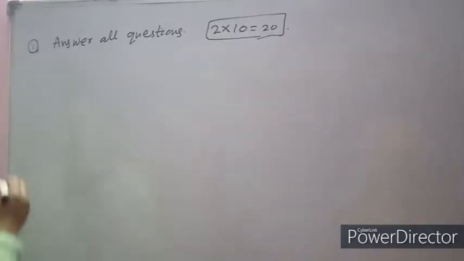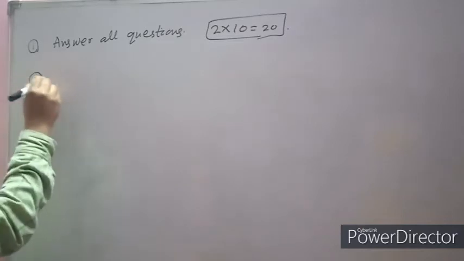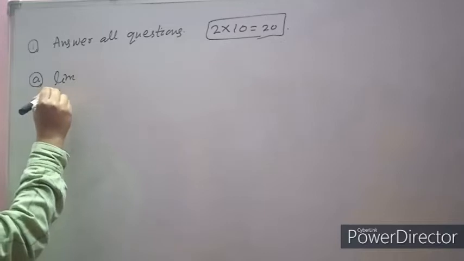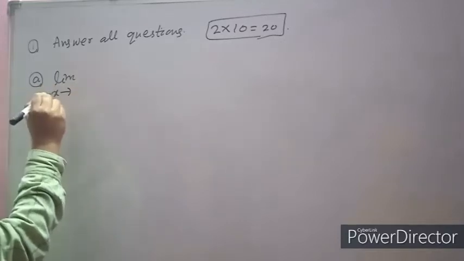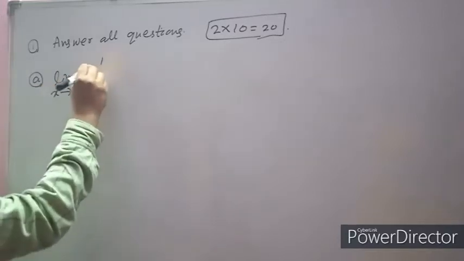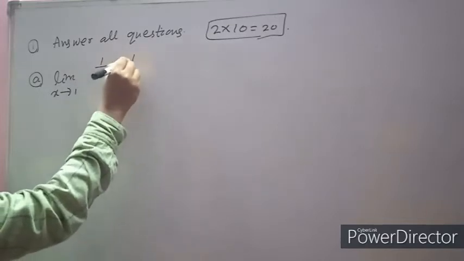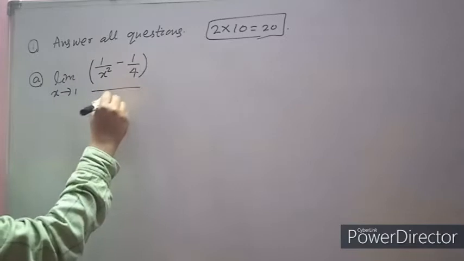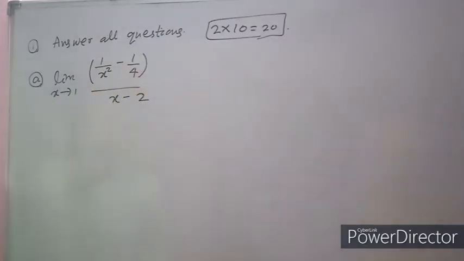So first exercise, limit x going to 1 of (1 by x square minus 1 by 4) divided by (x minus 2).